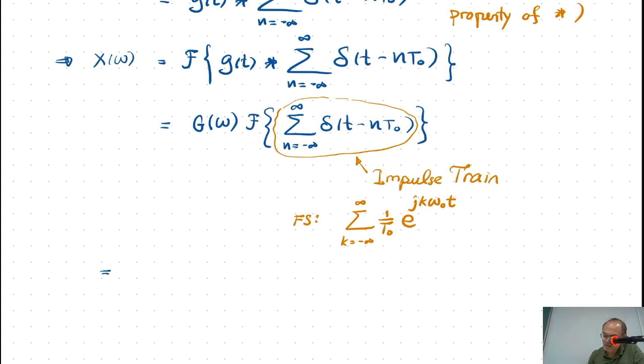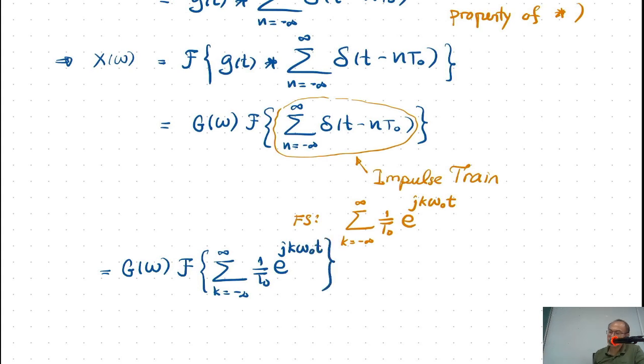I'm going to have G of omega times the Fourier transform of the summation from minus infinity to infinity of 1 over t0 e to the j k omega 0 t. What I did was replace the impulse train with its Fourier series.